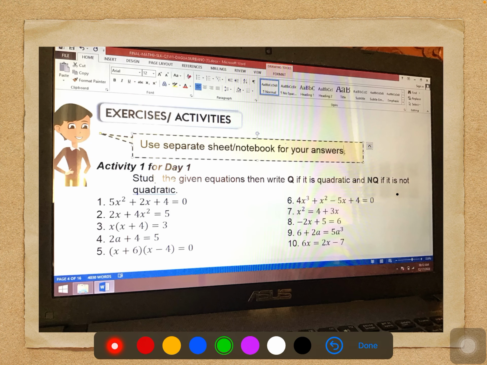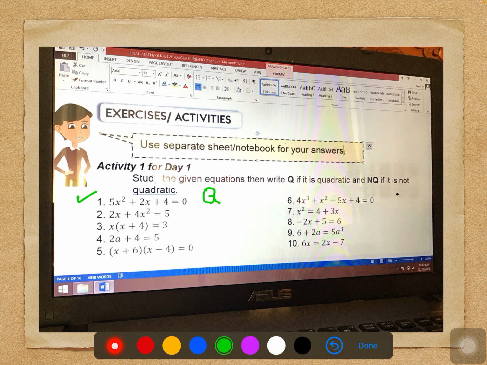So we are going to reflect from the previous definitions that we had a while ago, which one is of the second degree term and no term is higher than that. So let's see number 1. 5x squared plus 2x plus 4 equals 0. Yes, this is quadratic. So you're going to answer it Q based from the instructions.